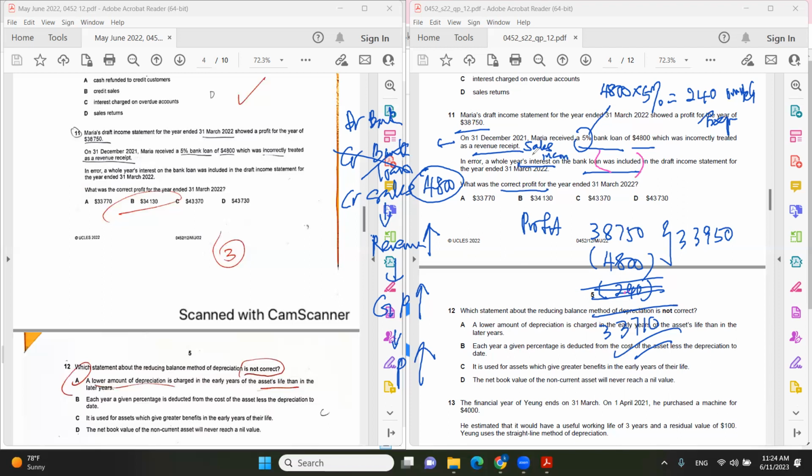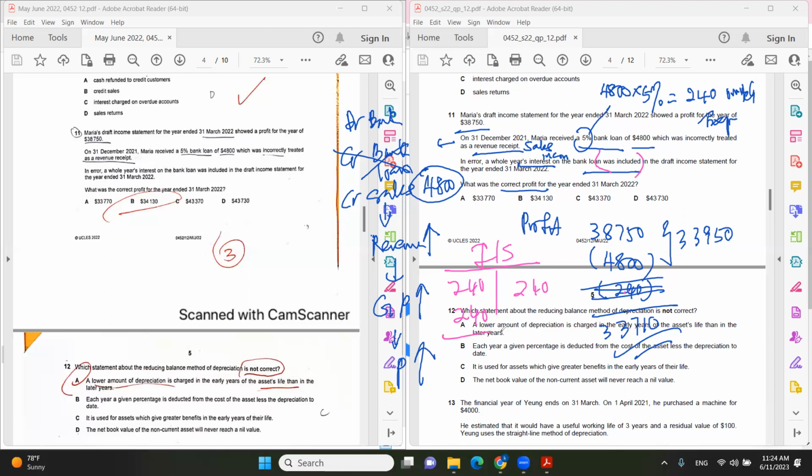In error, a whole year interest on the bank loan was included. I mean they treated as an income. If as an income 240, this one, my profit is overstate. I had to reverse the overstate amount, and at the same time I had to reverse this one.